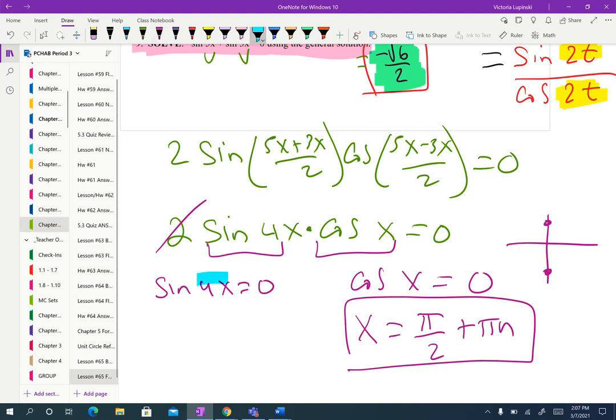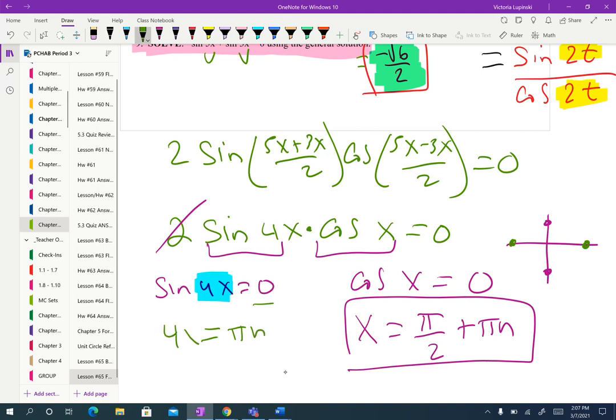Then over here, the sine of 4x, this is one of those multiple angles. So remember, when you're solving a problem like this, you're going to start by assuming that you're just solving the sine of x equals 0. So if I think about my unit circle, the sine of x is equal to 0 at 0, pi, 2 pi. The easiest way to say that is by saying pi n.